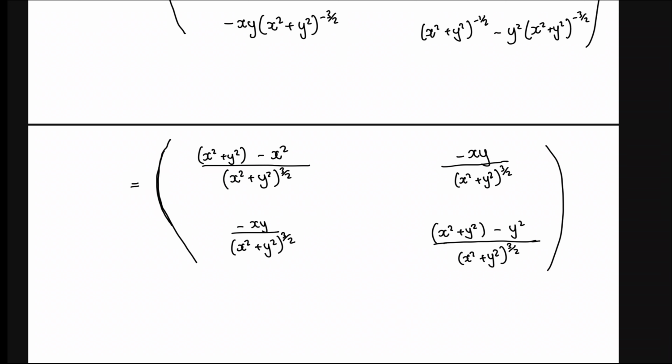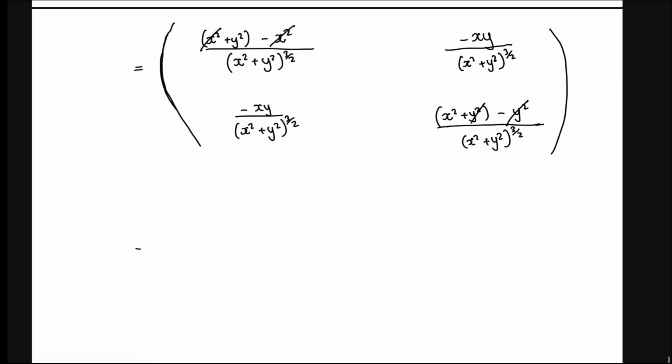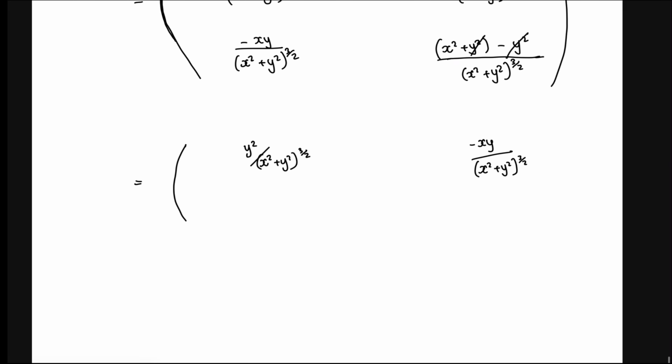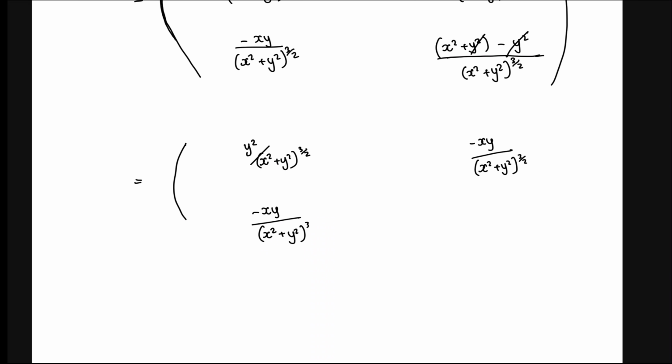So we get this. So the x squareds cancel over here, and the y squareds cancel over here, and we're left behind with y squared over (x squared plus y squared) to the power of 3 over 2, minus xy over (x squared plus y squared) to the power of 3 over 2, and minus xy over (x squared plus y squared) to the power of 3 over 2, and x squared over (x squared plus y squared) to the power of 3 over 2.